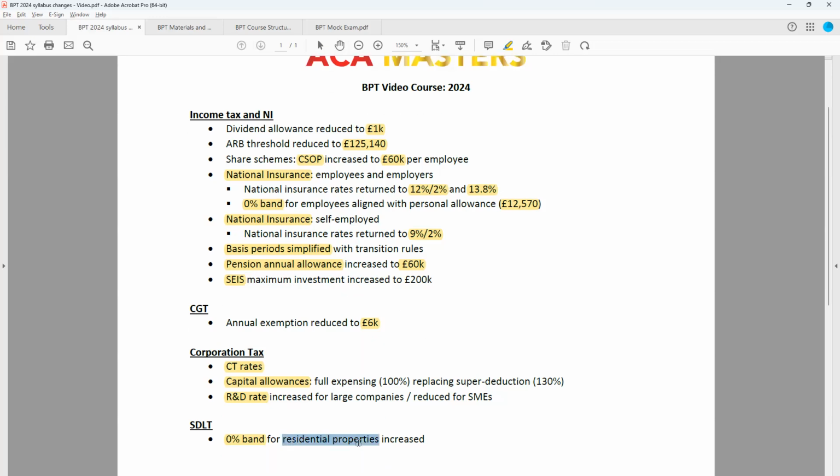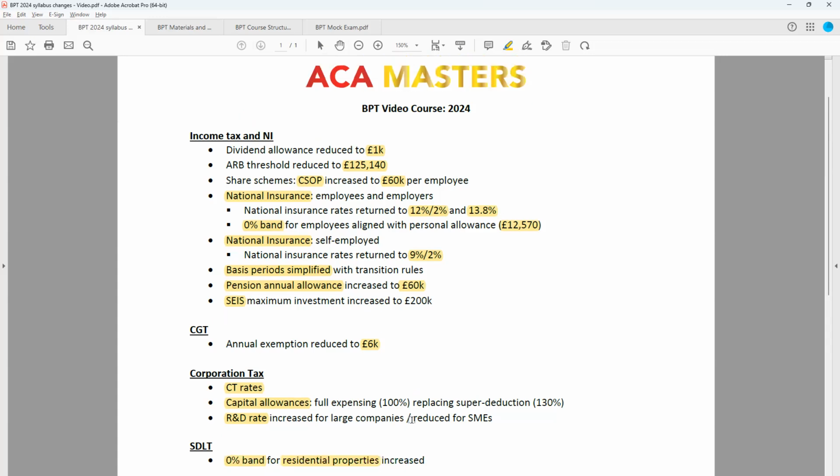I mean, it's very unlikely we really see residential properties in the BPT exam, just because there's no VAT on them, so they don't create as many tax implications as when we're looking at commercial properties. So generally we see a little bit less of residential properties in the exam, and it's even less likely you're going to have to do a detailed calculation of stamp duty. But if you do, like I said, that's obviously something you would look up in the exam.